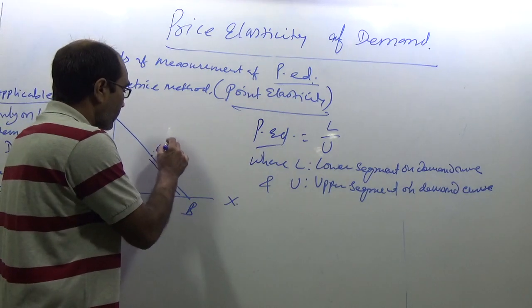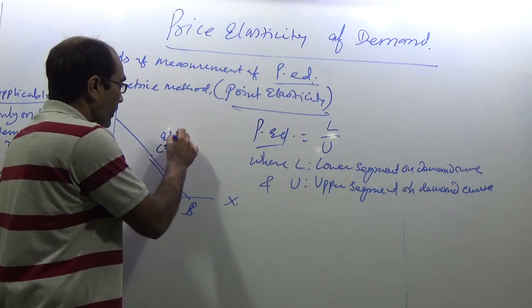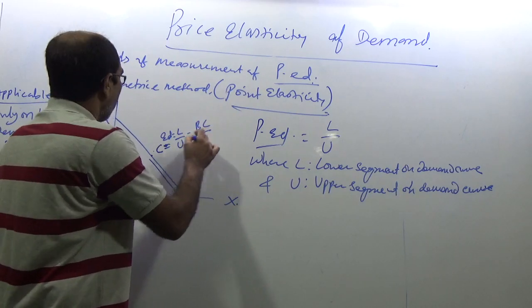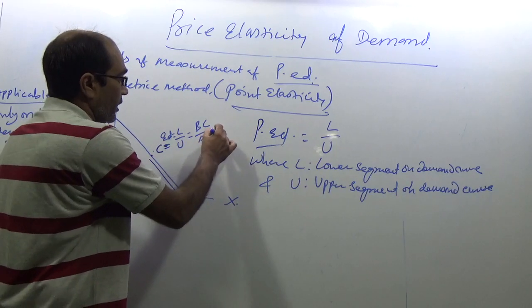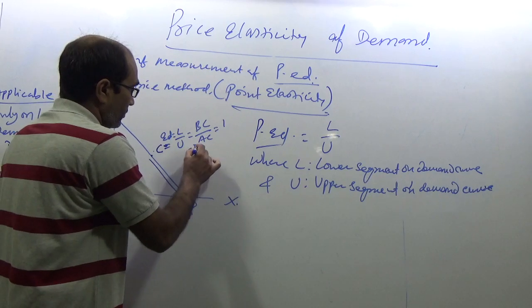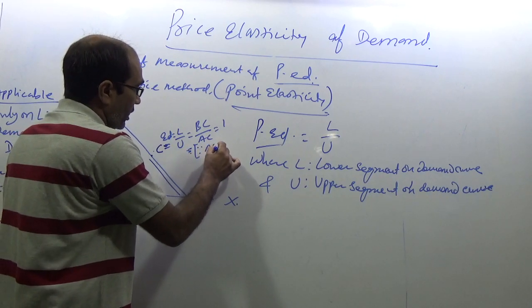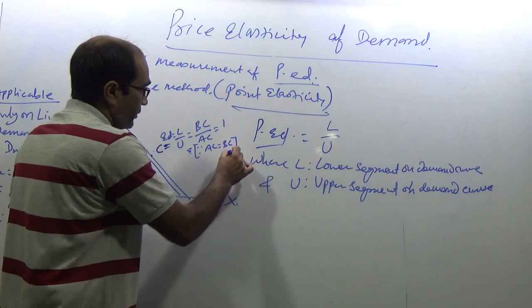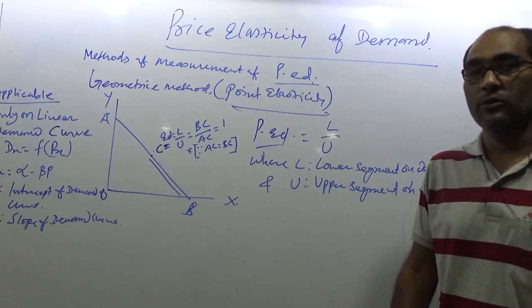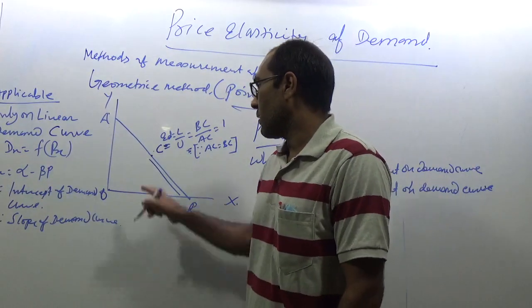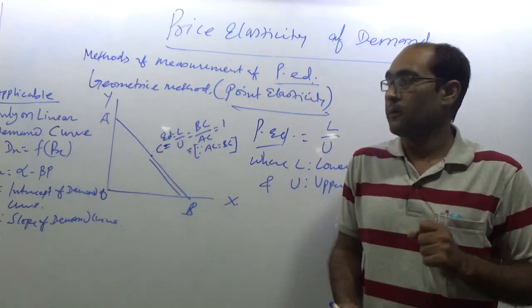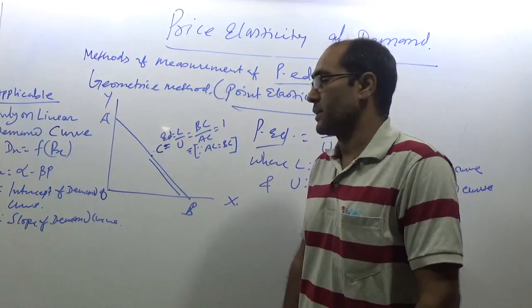As ED equals L upon U, equals lower segment BC upon upper segment AC, equals 1 since AC equals BC. चूँकि दोनों equal portion में divide करता है दोनों part को, whenever you calculate the ratio between lower and upper, you will find that the value must be 1 because BC equals AC.